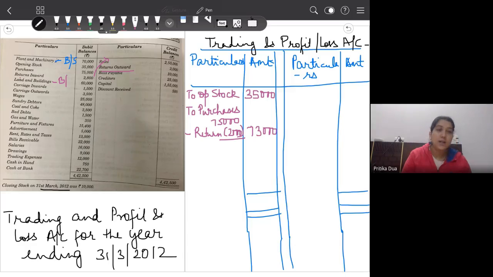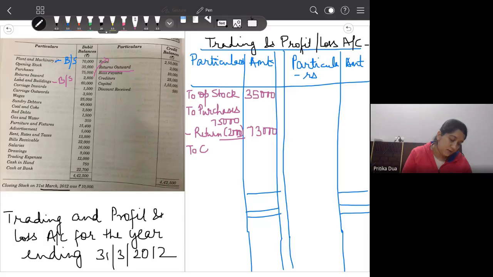Okay, after that you have carriage inwards. Now carriage inwards is a direct expense. So we take it to the trading account, to carriage inwards and the amount will be 1500. Next, carriage outwards.